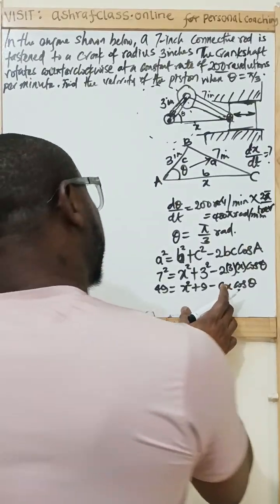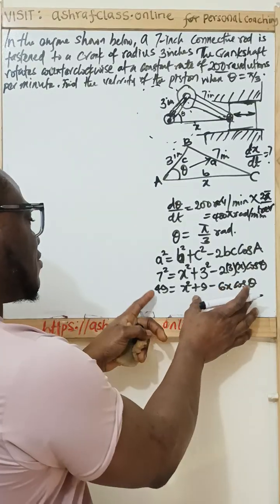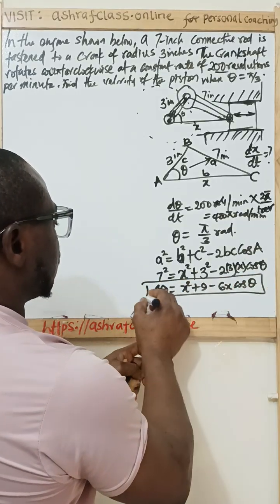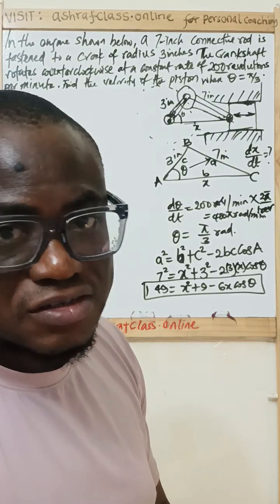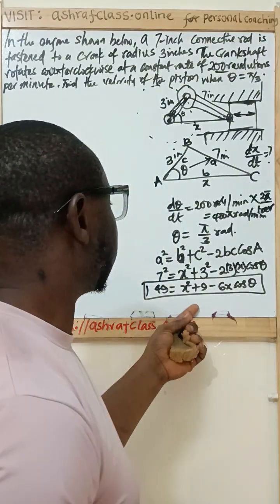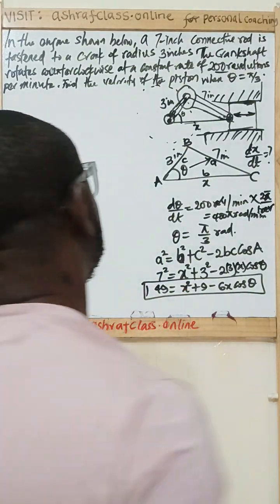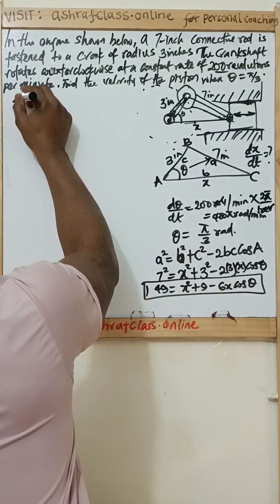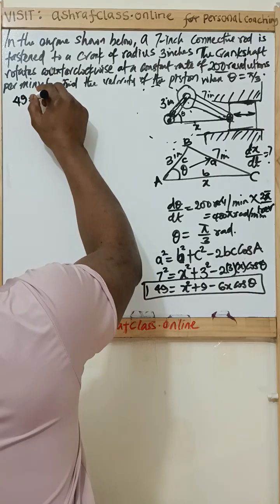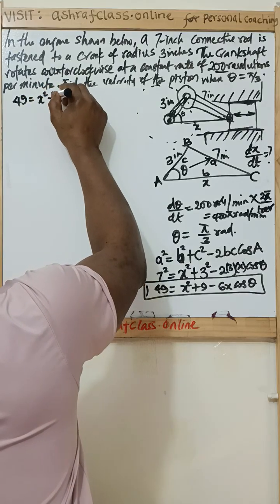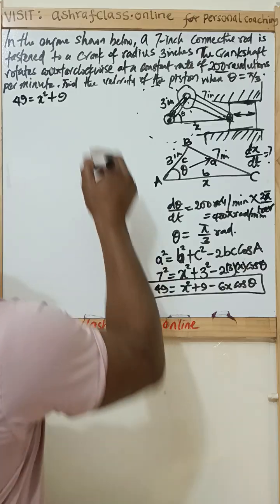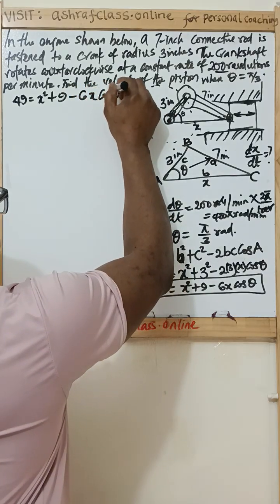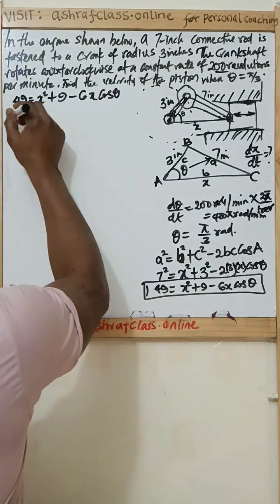Now we need to differentiate this equation to be able to find dx/dt. So let's bring this one here: 49 equals x squared plus 9 minus 6x cos theta. Now differentiate with respect to t.